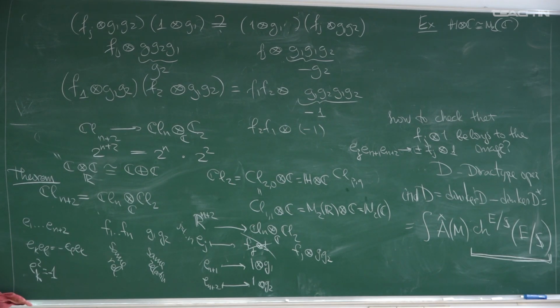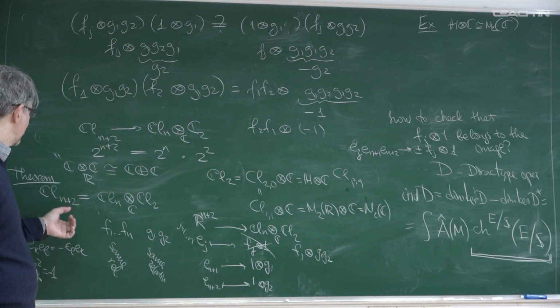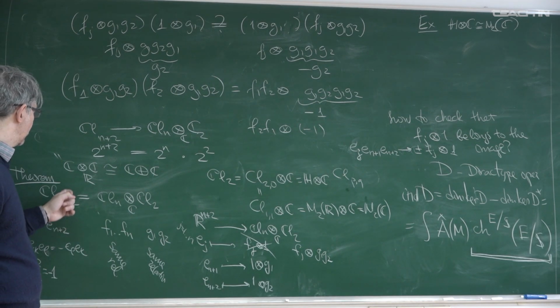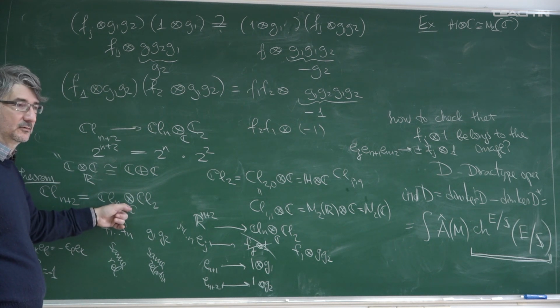What is left to check? In the real case we have more relations. Some squares are ones. Okay, imagine we deal with the algebra Clifford n plus 2, 0, n, 0.